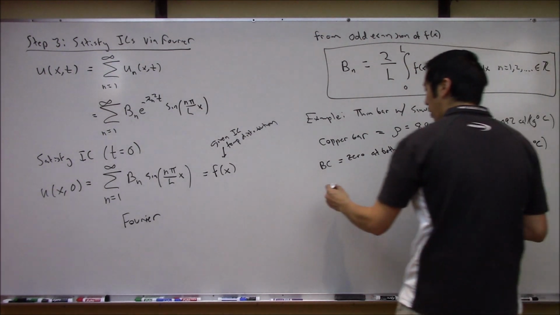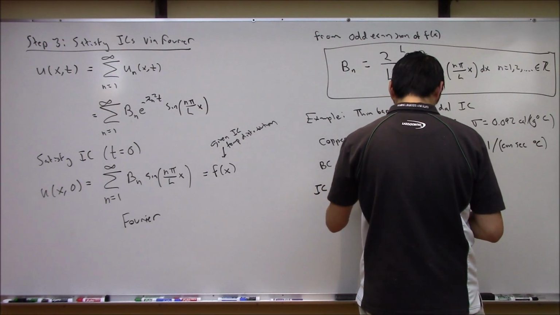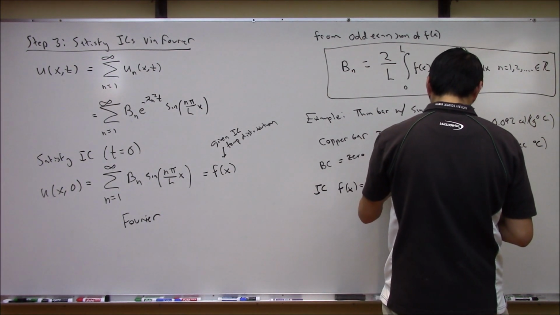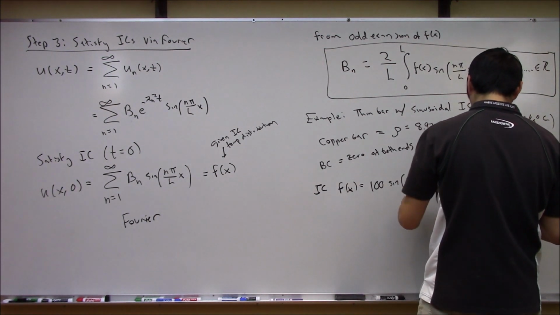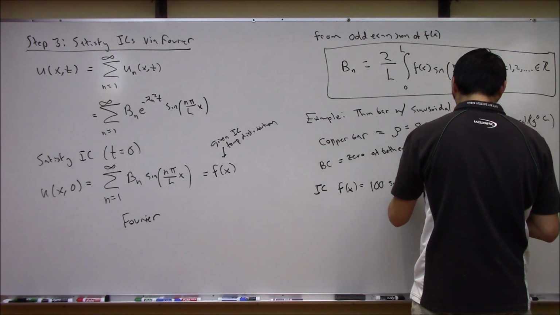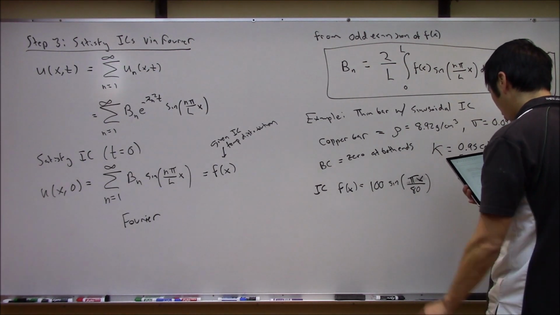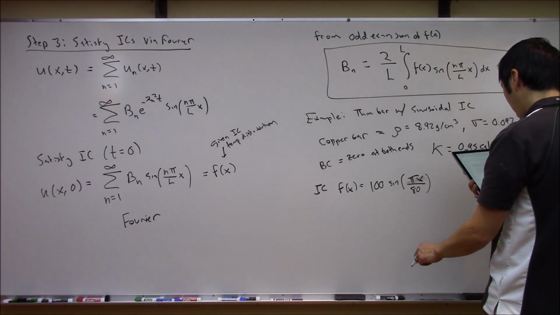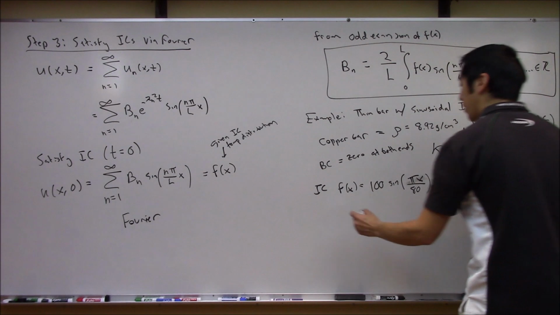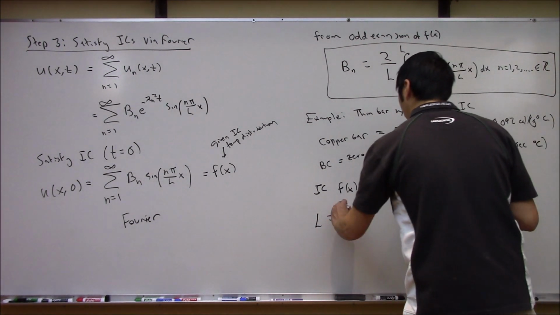Now let's look at an initial condition where f of x is something like 100 sine of pi x over 80. And let's say that the length of this bar is 80 centimeters.